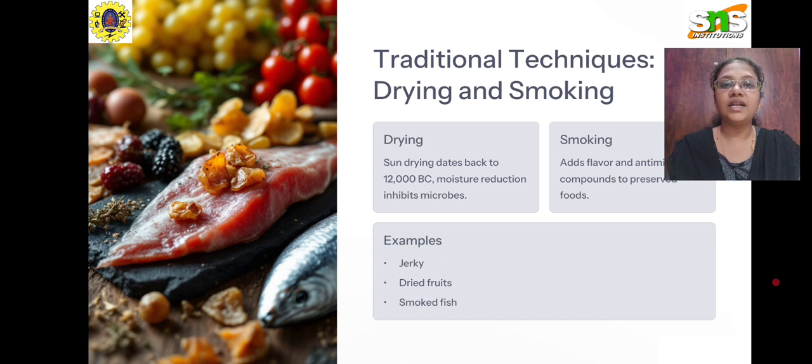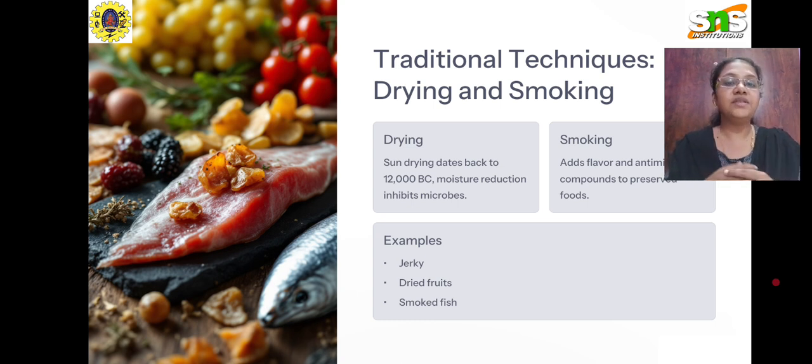Smoking is adding some antimicrobial compounds to the food, by passing the food through smoke. It will preserve the food, but additionally it will add some flavor changes in the existing food, giving an enhanced taste that tempts the end user to consume it.